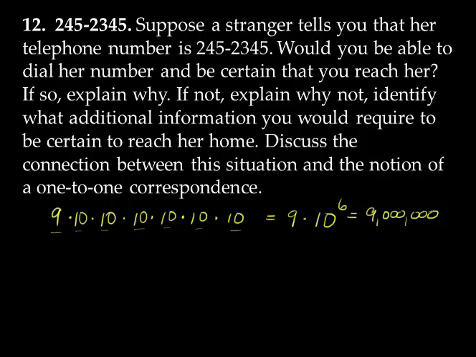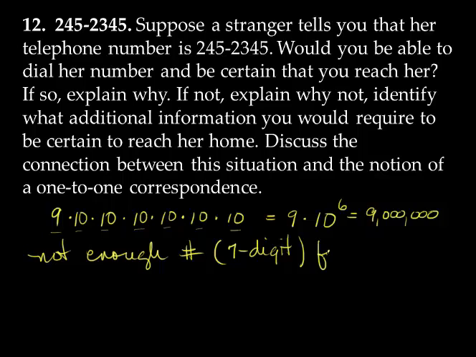But there are far more than 9 million people in the United States that have telephone numbers. So we could say here that there's not enough numbers, not enough 7-digit numbers for everyone to have a number.